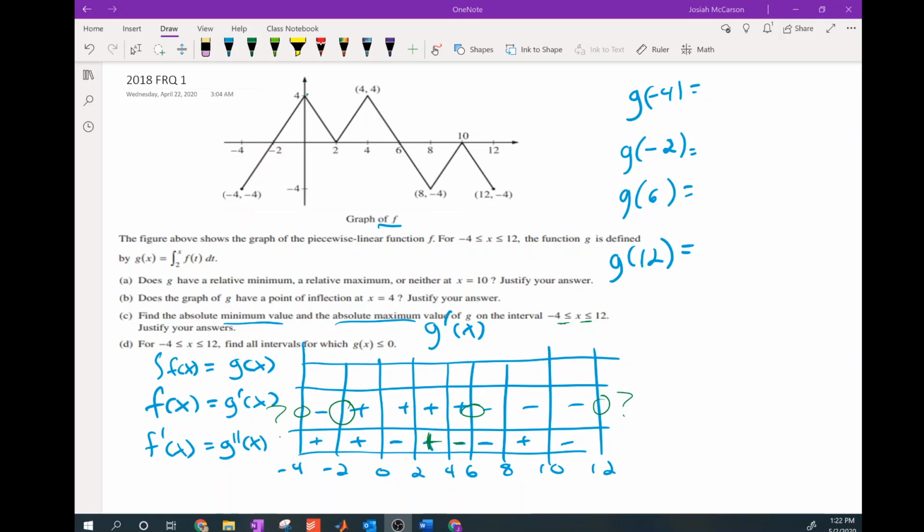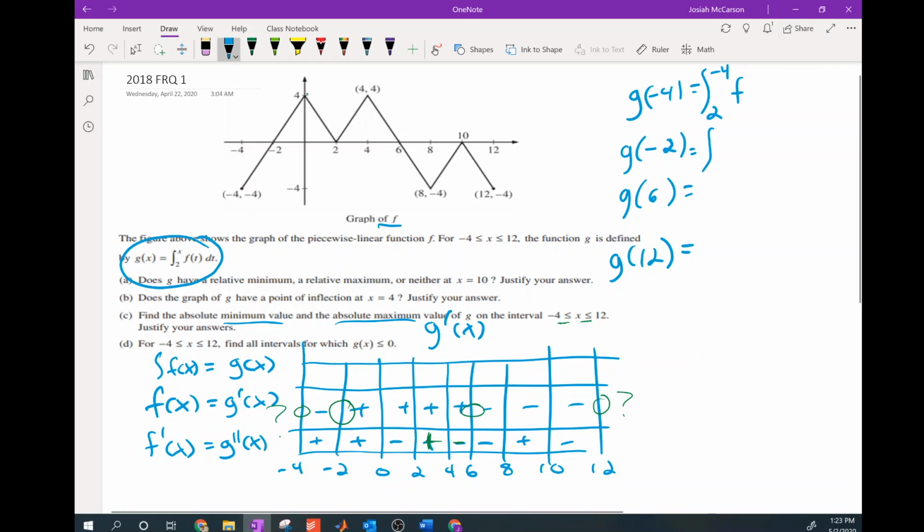Now before I move forward, I'm going to let you know I'm going to do a lot of fast integration techniques that if you are not sure where I get a certain value from, you should talk to me in a live chat or shoot me an email. Let's get started. So we can see that G of x is the integral from 2 to x of f of t dt. So that means that G of -4 is the integral from 2 to -4 of f.